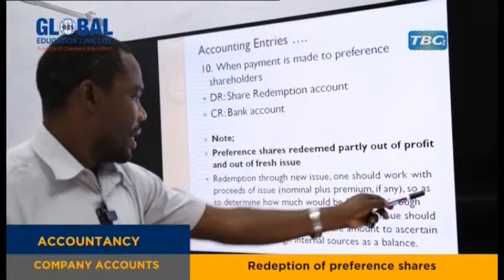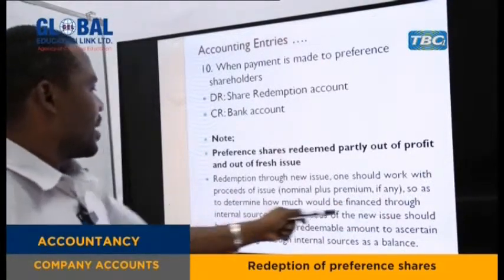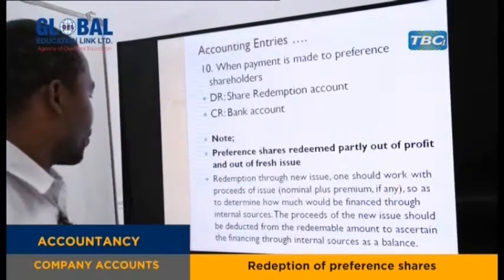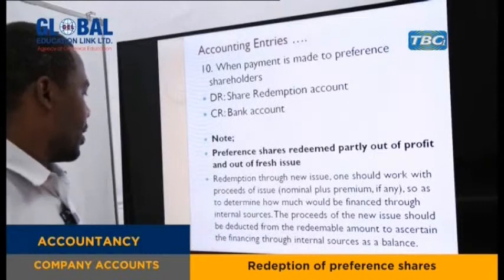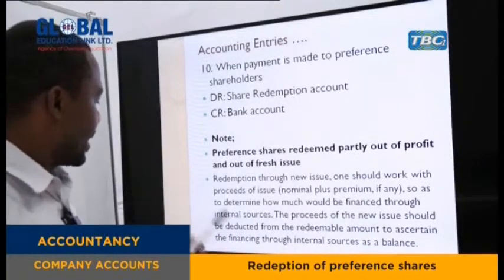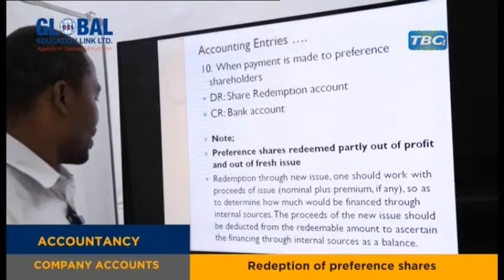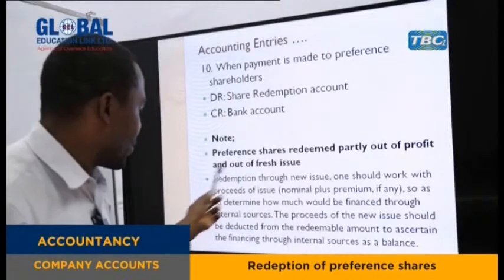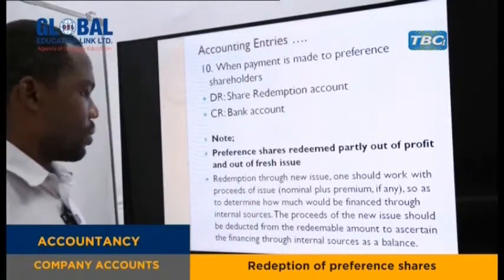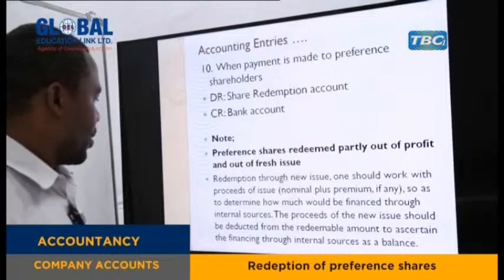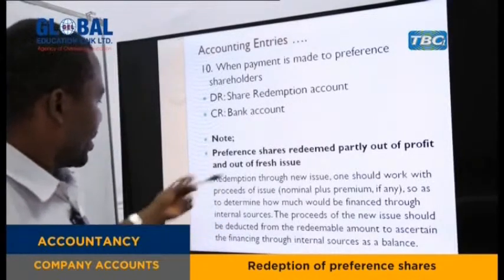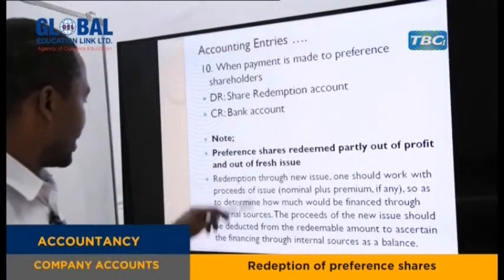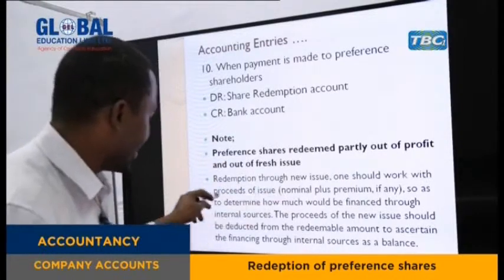These proceeds are used to determine how much would be financed through internal sources. To get the amount required from internal sources, we take the total proceeds from the issue. In the assignment that you are going to do, I will include a question that requires you to do this adjustment.